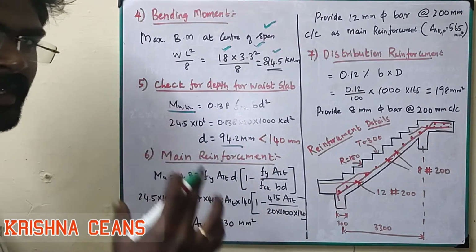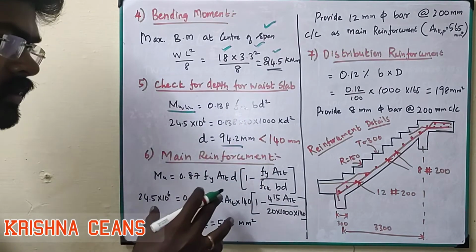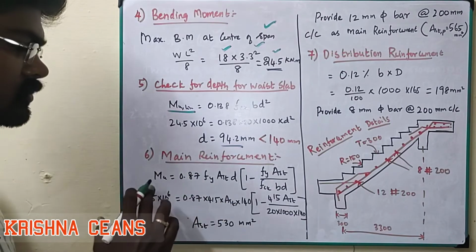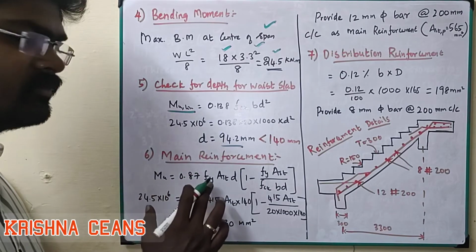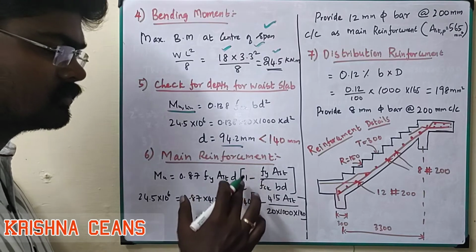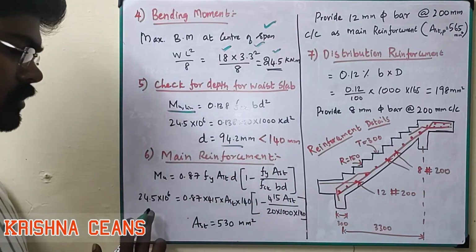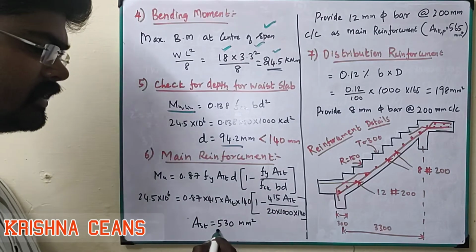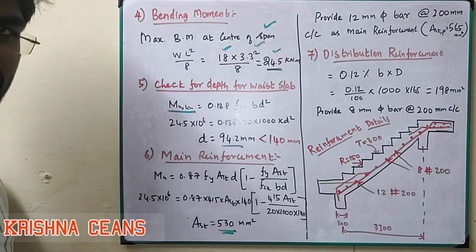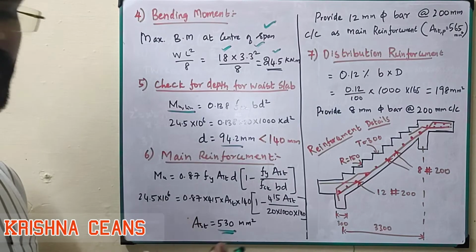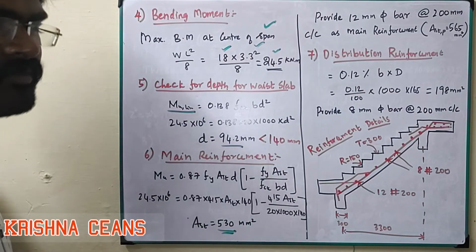Next we provide the main reinforcement. For this we apply the formula Mu equals 0.87 fy Ast d into 1 minus fy Ast by fck bd. Substituting all the values, we get 530 mm square of main reinforcement. We have to provide this area of steel.